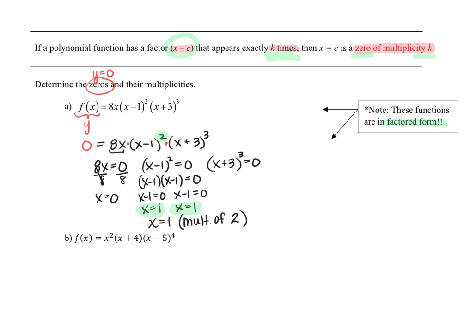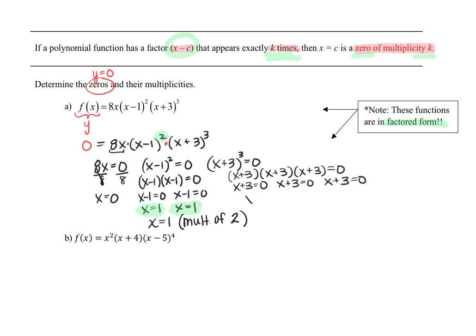And then the same is going to be true for x plus 3, the quantity cubed. So again, if you were to write that out 3 times, you would multiply x plus 3 by itself a total of 3 times. And then in doing that, you can see when you set each factor equal to 0, you're going to get the same answer 3 times.